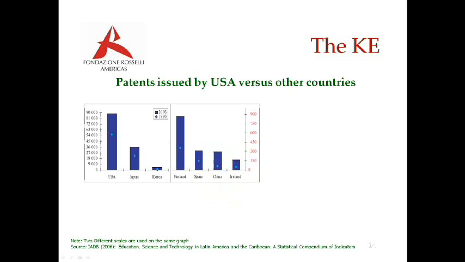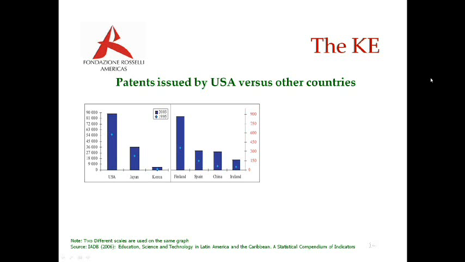Good. Okay. So if we agree on the concept, now let's have a look at the disparities among the different countries, or selected countries, in terms of patents issued by the USA versus other countries. It is important to understand where countries stand in terms of their activity related to the concept of knowledge economy.